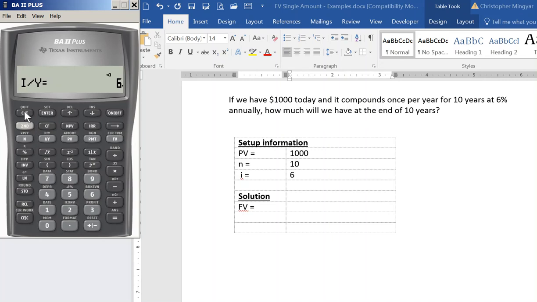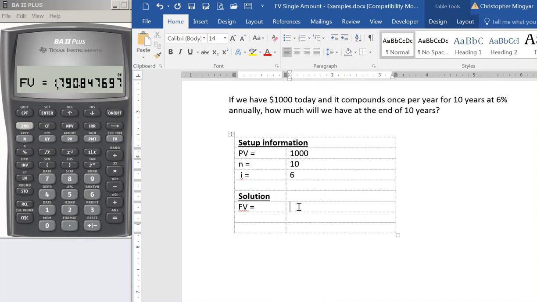So we compute for the future value, and we get roughly 1791 if we round up a little bit. So I'm going to type it 1791. So that's how much we would have at the end of 10 years if our money was growing at 6% a year and compounded only once per year.